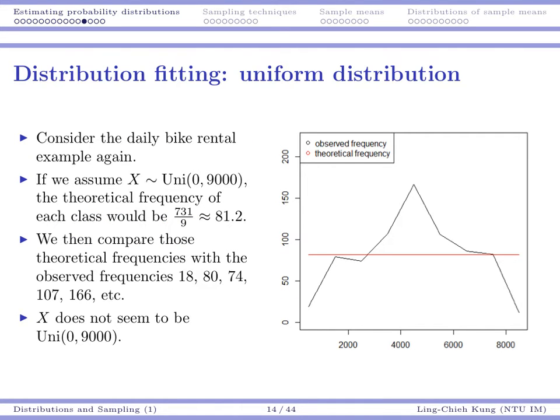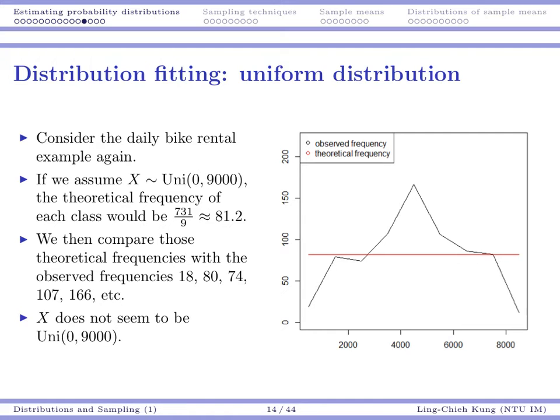Suppose that I want to fit a theoretical distribution to the daily bike rental example. Then, according to this black curve, that black curve is the observed frequencies. So I know, from 0 to 1000 I have something, from 1000 to 2000 I have something, and so on.